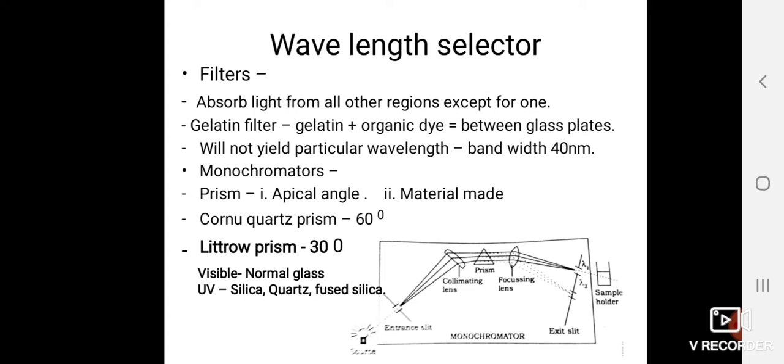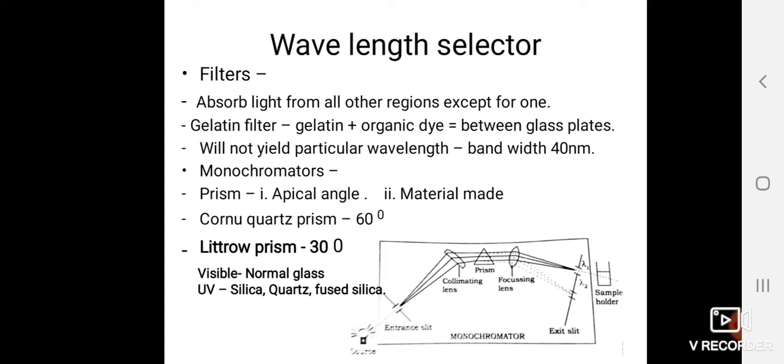So people use different kinds of wavelength selectors based on the requirement. For example, filters, which are very simple wavelength selectors, absorb the light for all the regions except for one. People use gelatin filters, where they use gelatin plus organic dye placed between glass plates, and based on the color of the plate, the other wavelengths get absorbed.